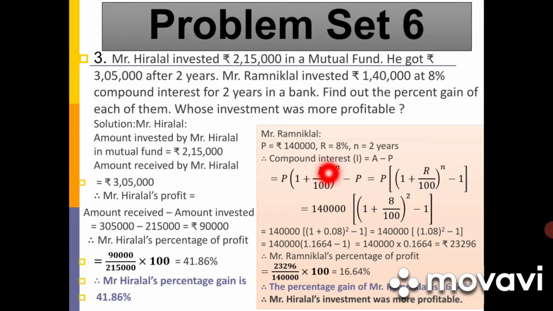Therefore, compound interest C.I. is equal to amount minus principal, that is equal to A minus P. This is equal to P, that is a principal, into 1 plus R upon 100 whole raised to N minus P, which is equal to P into bracket 1 plus R upon 100 whole raised to N minus 1, taking P common. This is equal to 1,40,000 into bracket 1 plus 8 upon 100 the whole square minus 1.